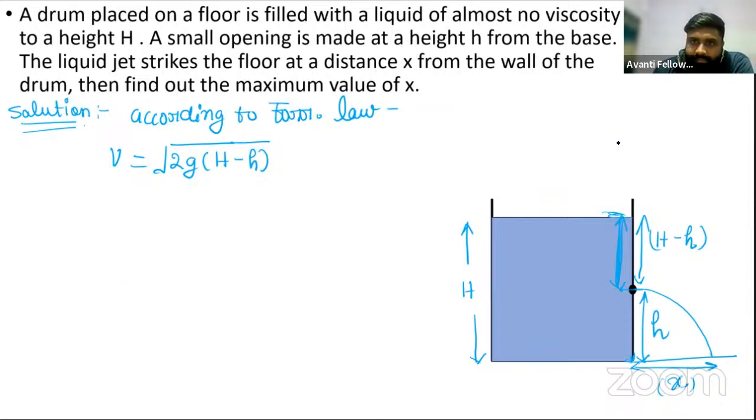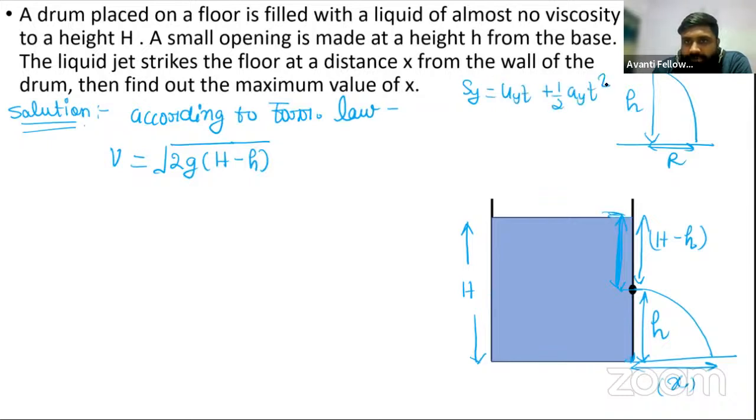Now this is similar to a projectile with velocity v horizontally from a height h. So it will cover a range, let's say r here. So r is nothing but velocity times time, so to calculate it, because at this particular point in time this height vanishes, we can apply Sy equals Uy into T plus 1 by 2 Ay into T square.